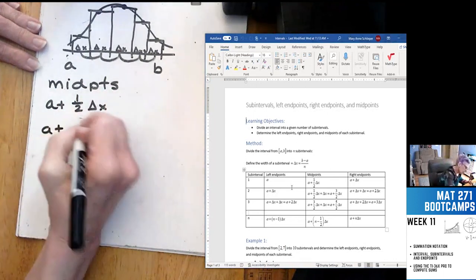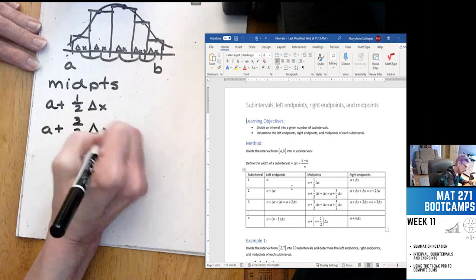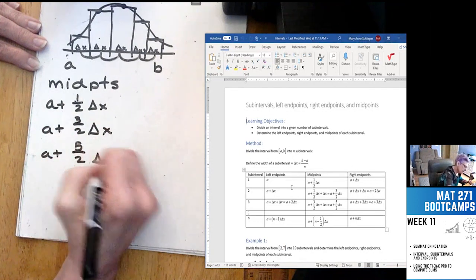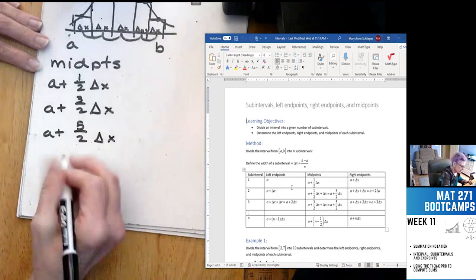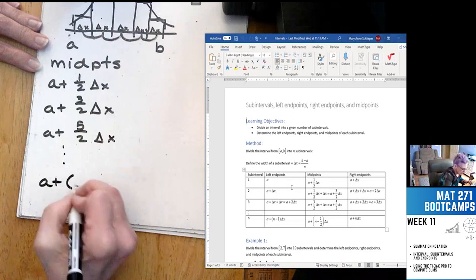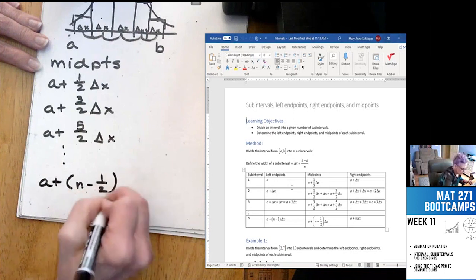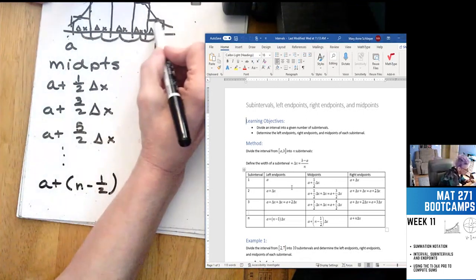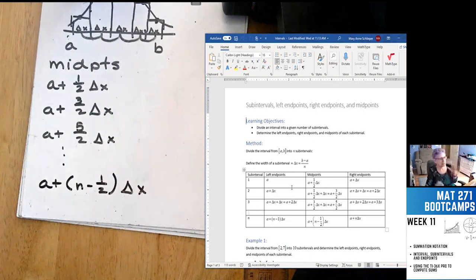So A plus 3/2 of delta x, and then A plus 5/2 of delta x, all the way to A plus n minus 1/2 times delta x. So you'll end up 1/2 to the left, kind of splitting the difference there.